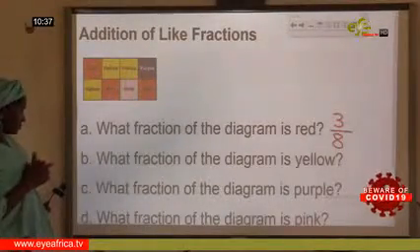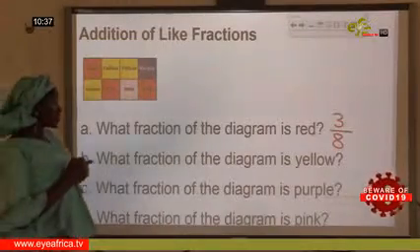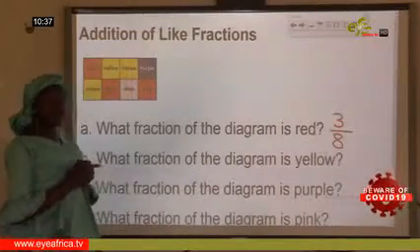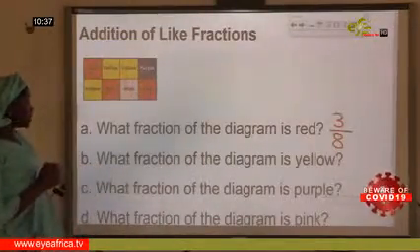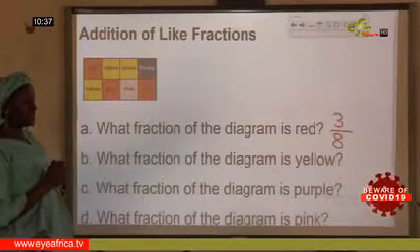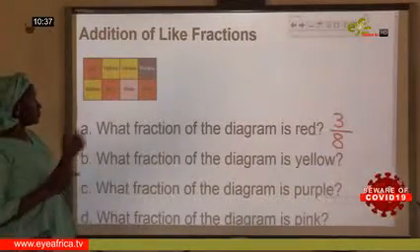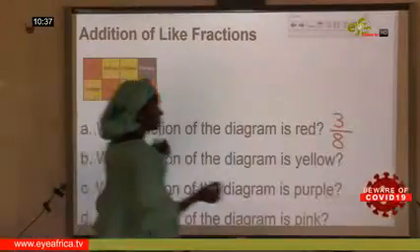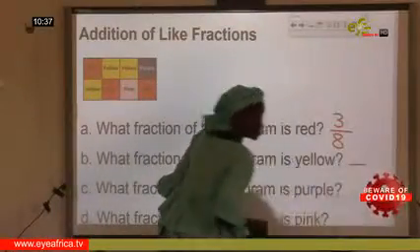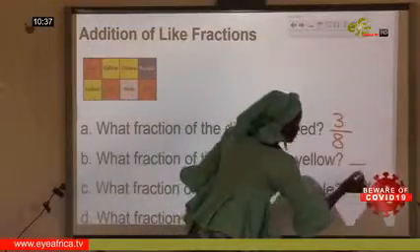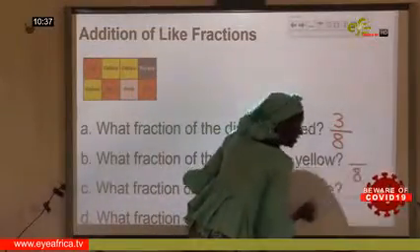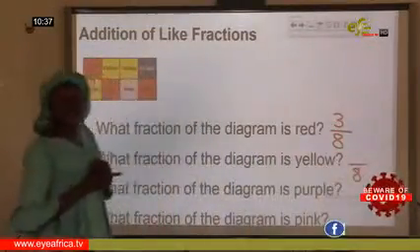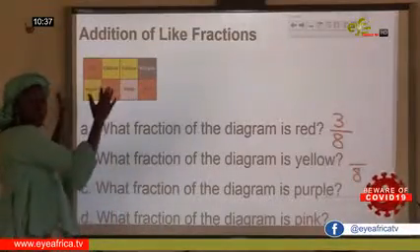B. What fraction of the diagram is yellow? A whole being divided into 8 equal parts. Therefore, our denominator should be 8, because the denominator answers the question, how many parts?